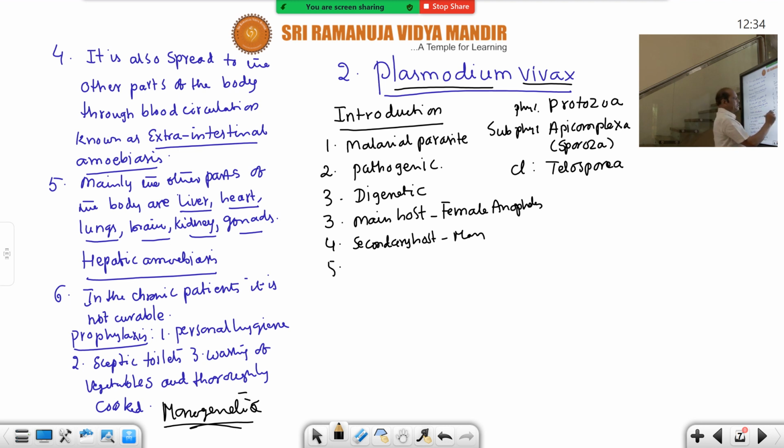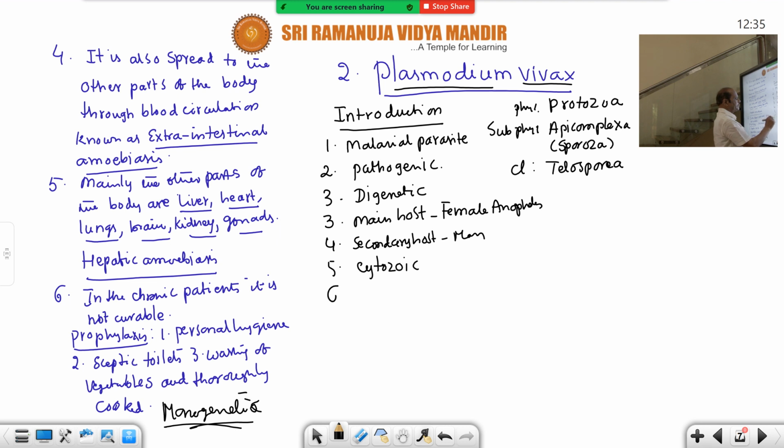It is a cytozoic parasite because it lives in the RBC and liver cells. Both are cells, and in these cells it is living, that's why it is a cytozoic parasite. Digenetic cytozoic pathogenic protozoan parasite is Plasmodium. Monogenetic histozoic pathogenic protozoan parasite is Entamoeba. These are the two protozoan parasites: one is Entamoeba, which we have completed, and this is Plasmodium vivax.